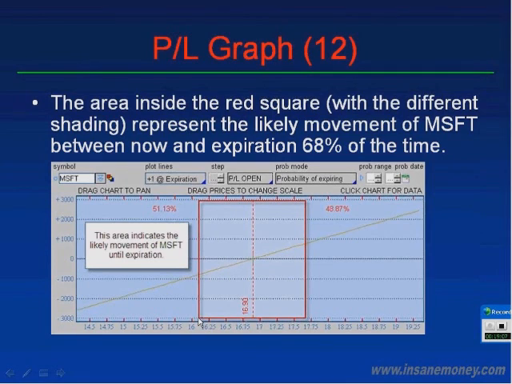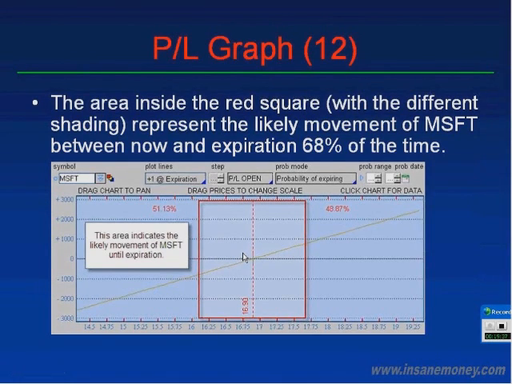So it's going to stay just above 16 and just below 1775, right? So 68% of the time, your likely profit and loss is going to be a little bit more than minus 1,000 and a little bit less than plus 1,000, right? So somewhere in there, 68% of the time, will give you some idea of where you are.